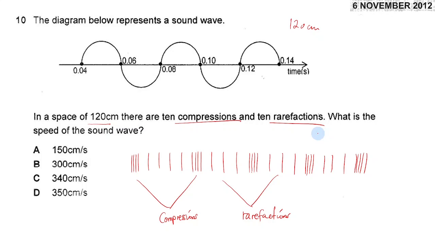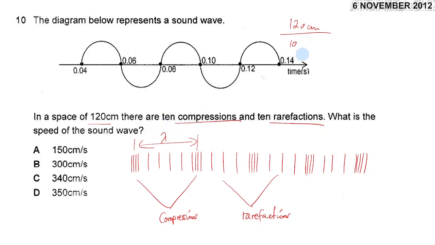So in other words, we can know the wavelength by just dividing this by 10. If we divide by 10, the wavelength is from one compression to another compression. That's where you find the wavelength. So we have been provided 120 centimeters, with 10 compressions and 10 rarefactions.